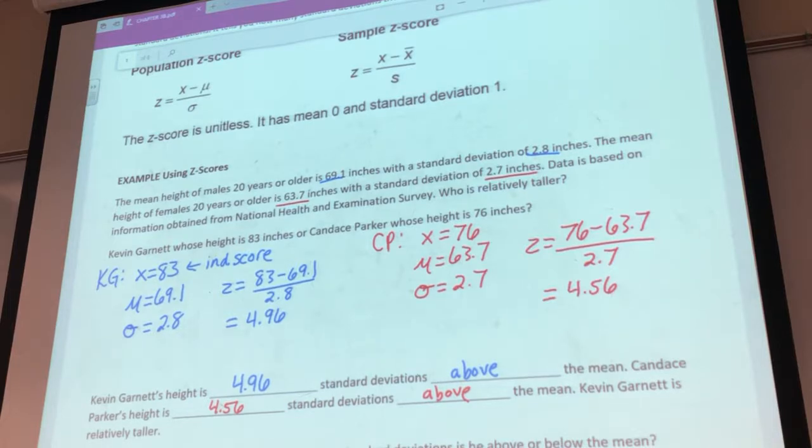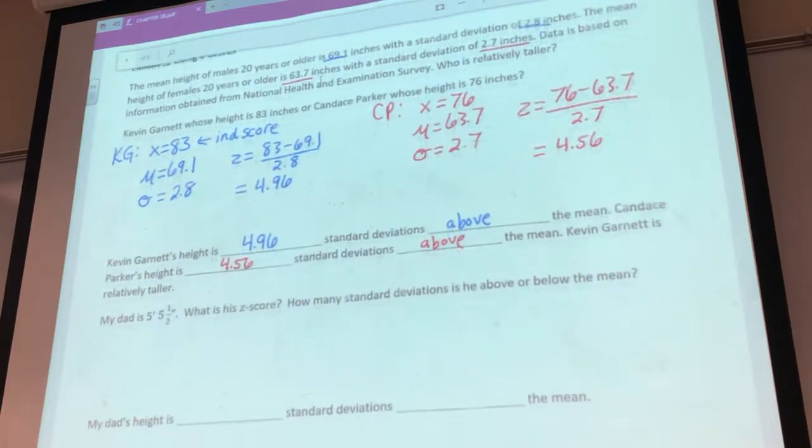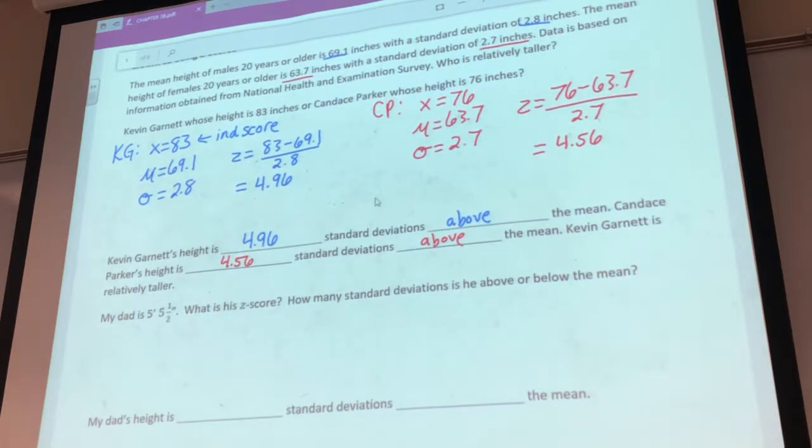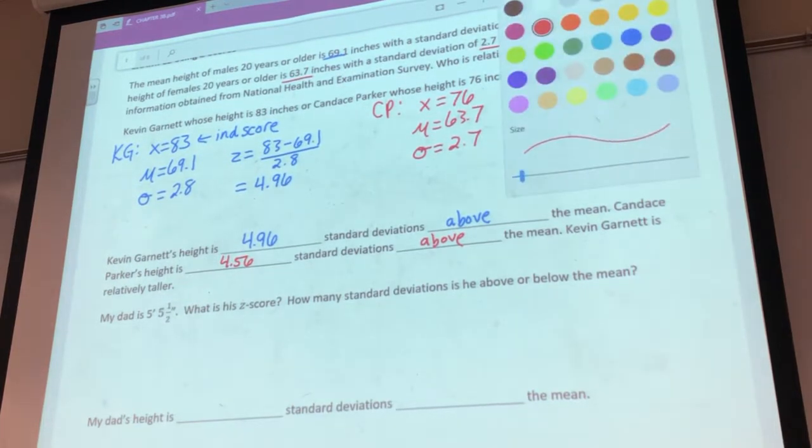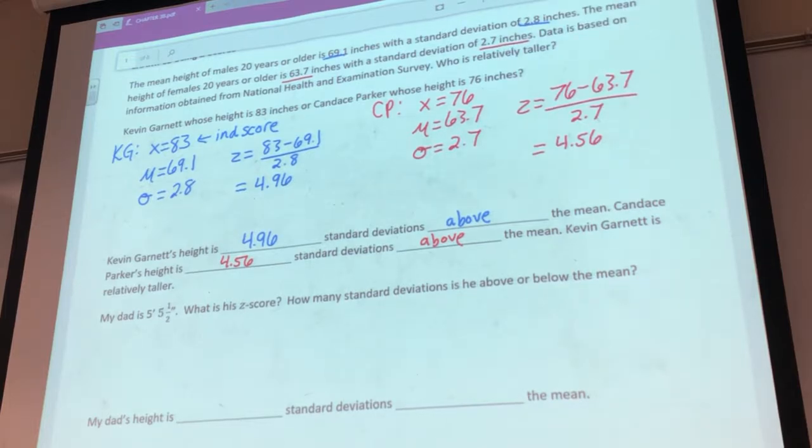So that's what a z-score represents. I do have another example down here. First of all, I'm going to change this. I'm just going to write it as 65.5 inches, just so we don't have to go through that extra step of converting it from feet to inches.